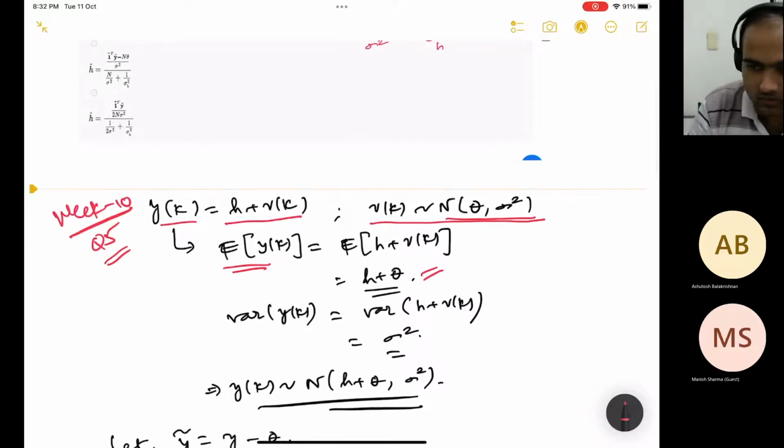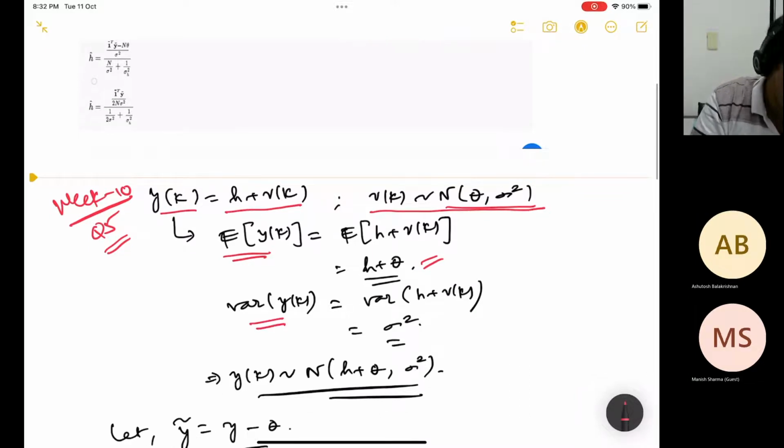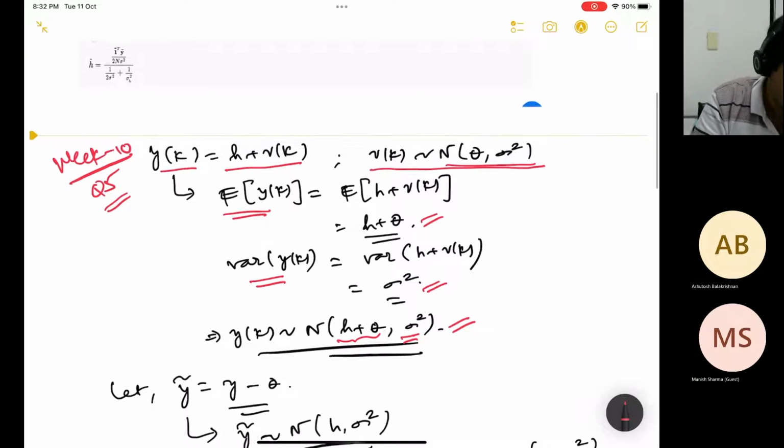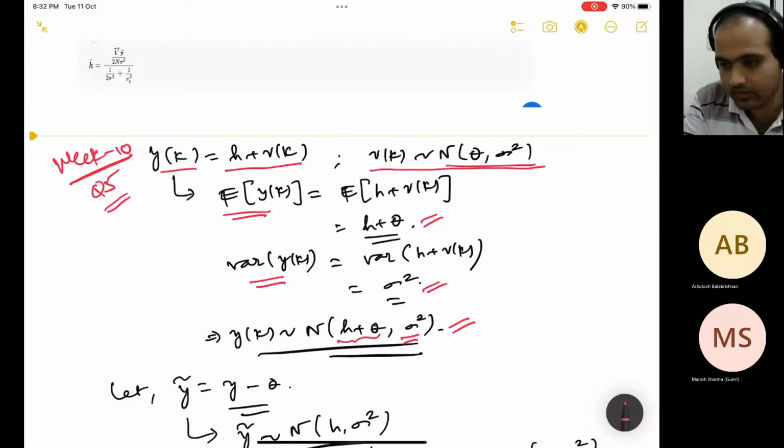It is very straightforward. And the variance of yk comes out to be sigma square, right? So yk is distributed as a Gaussian variable with mean h plus theta and variance sigma square. So this is the distribution of yk, that is, each observation.